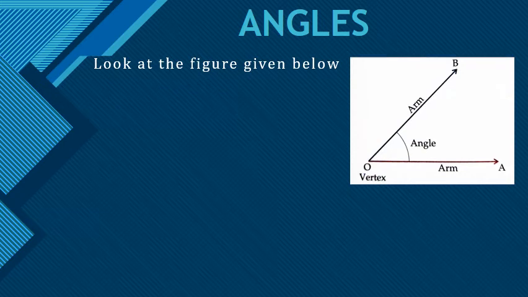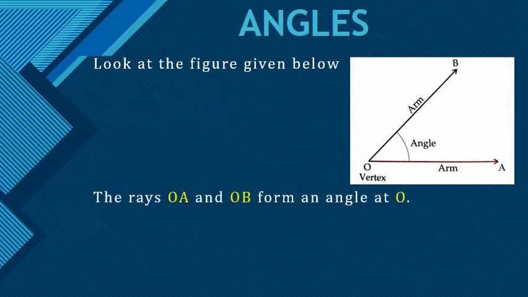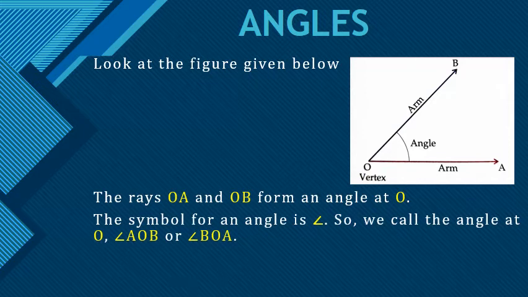In this figure, you can see an angle is made by two rays. The rays OA and OB form an angle at point O. So, the rays OA and OB are called the arms of the angle which is formed at point O.